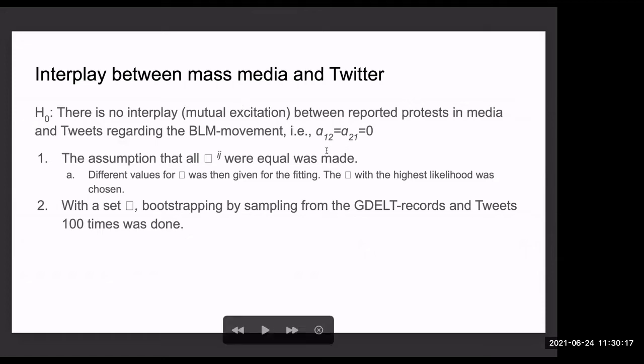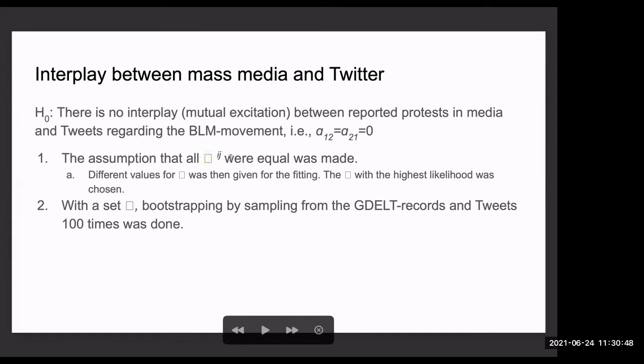In math language, this is that the alpha parameter alpha 2,1, which means how much dimension 2, GDELT, affects Twitter, is the same as alpha 1,2, how much Twitter influences mass media. The hypothesis is that these should be 0. Then this would mean that there is no relationship between these. And I don't know why the betas disappeared, but this should also be a beta.